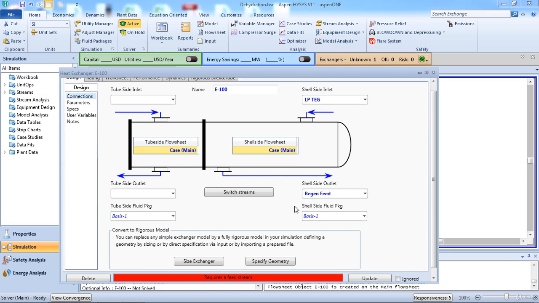This stream will exchange heat with the lean triethylene glycol coming out from the regeneration process that we will simulate. So the tube inlet is regen bottom, which is the triethylene glycol coming from the regeneration column bottom, and the outlet is lean from lean rich heat exchanger.